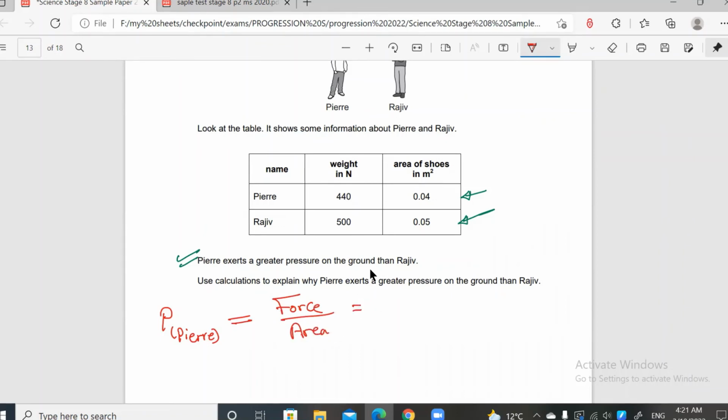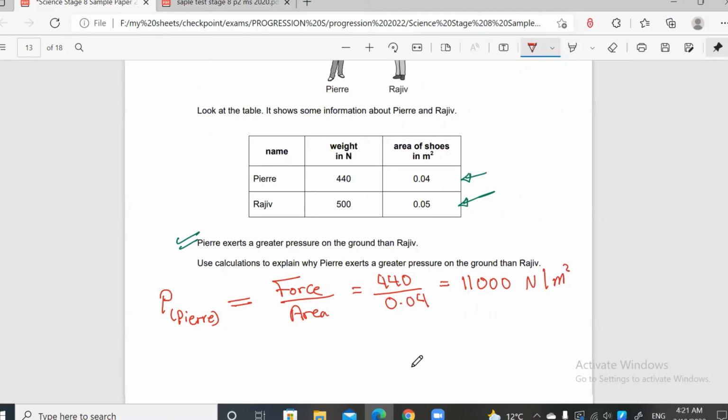The force of Pierre is 440 divided by the area 0.04, which is equal to 11,000 Newton per meter square.